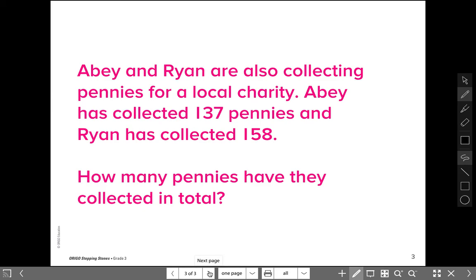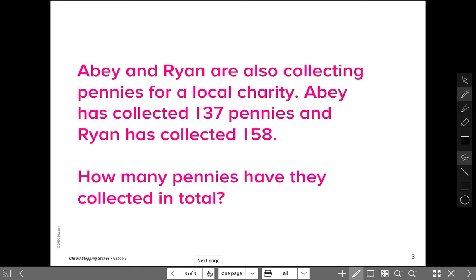Abby has collected 137 pennies and Roy has collected 158 pennies. How many pennies have they collected in total?